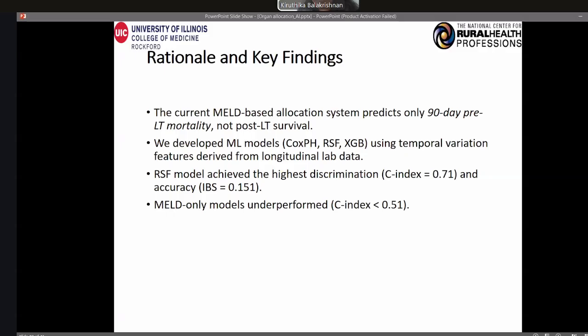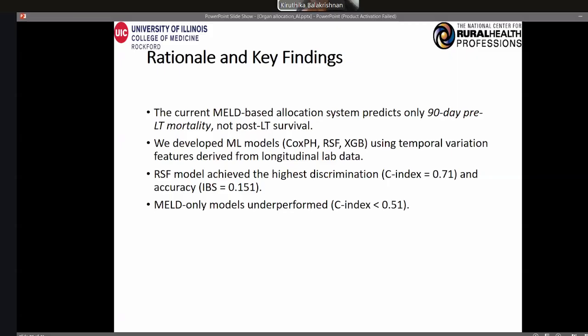So to address this gap, we developed a set of machine learning models, including Cox regression and XGBoost, that use temporal patient features. These features capture how a patient's lab values fluctuate over time, giving us a more complete view of their disease progression. Among these models, the random survival forest model performed the best.